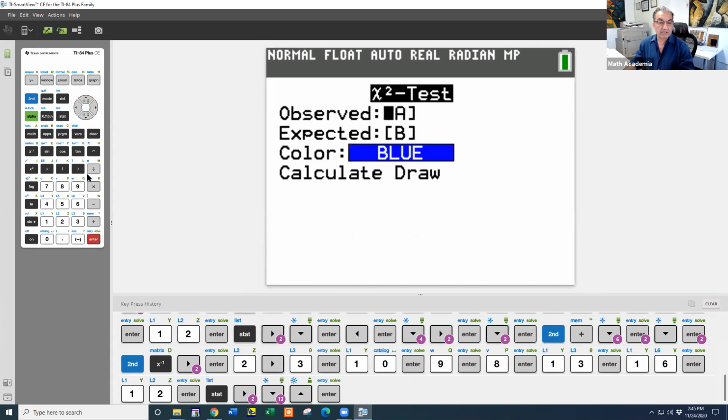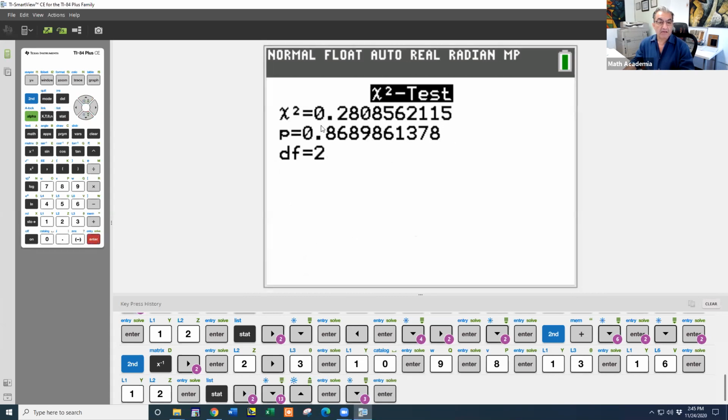So you enter that, and all you have to do is push calculate, enter calculate, and guess what? The test statistic is given, 0.280, 0.28. With your calculator, you don't need to calculate the expected values because the calculator does that automatically and gives you the answer.